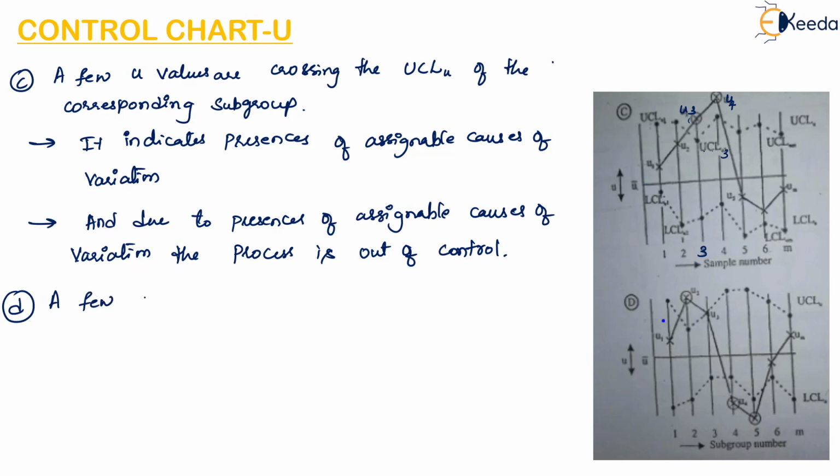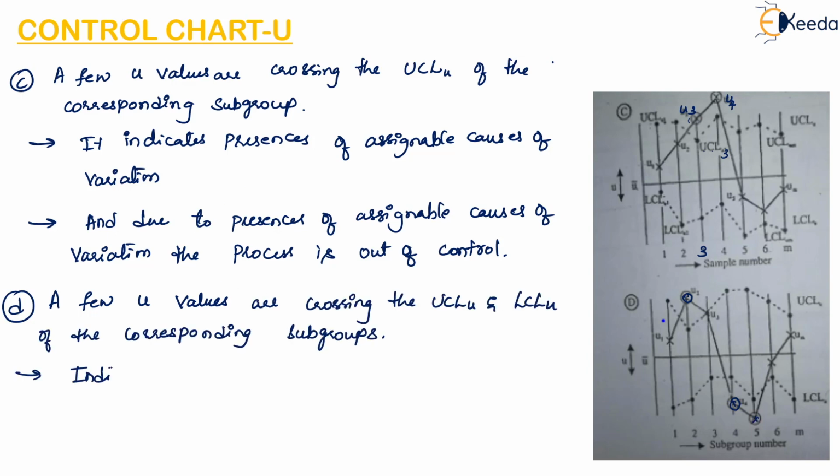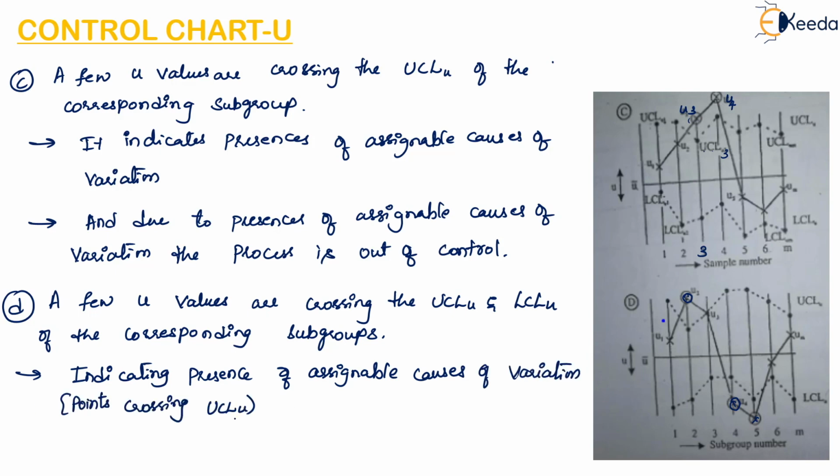Here we can see, if this is the upper control limit, a u value has crossed the upper control limit, and here two values are crossing the lower control limit. The process is out of control or not in control.